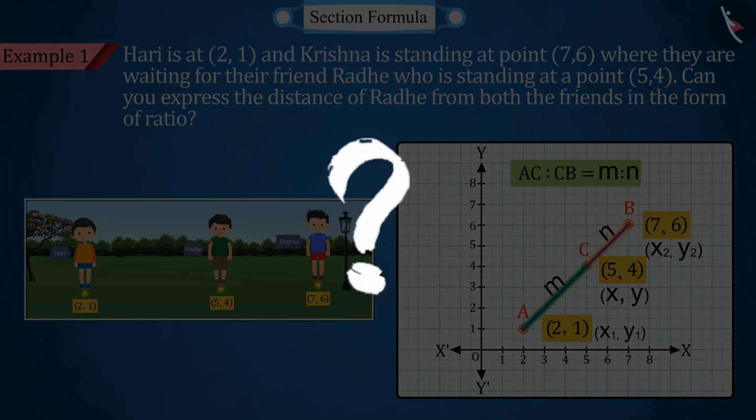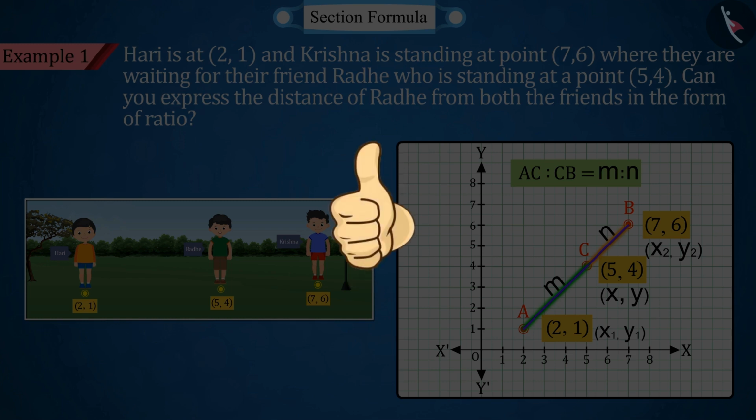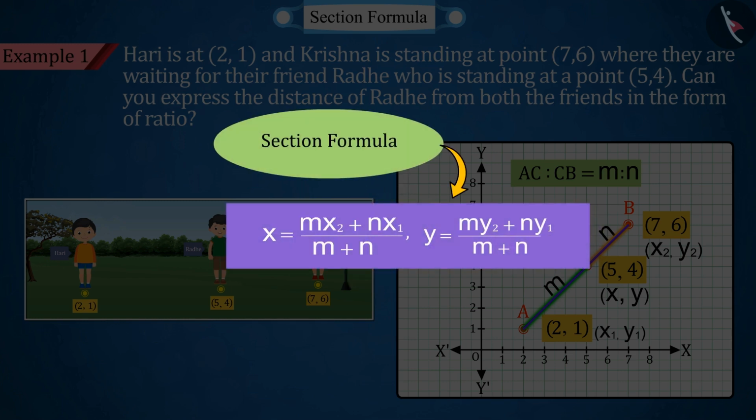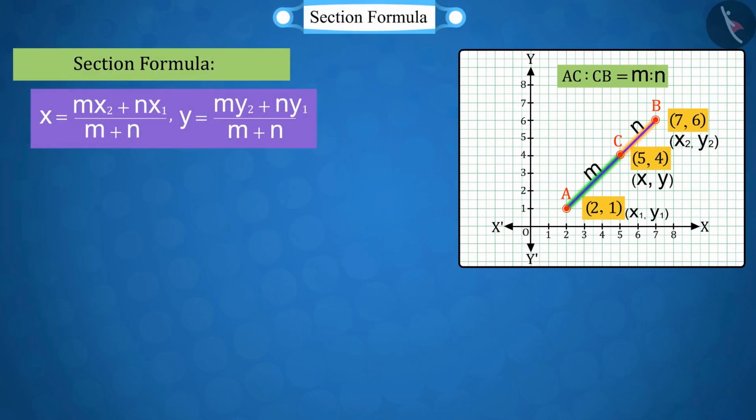Can you tell us what we need to do for this? Well done. It is correct that the section formula will be used here. In the section formula's point x, by placing all the values, m/n can be determined, where x equals 5, x1 equals 2 and x2 equals 7.